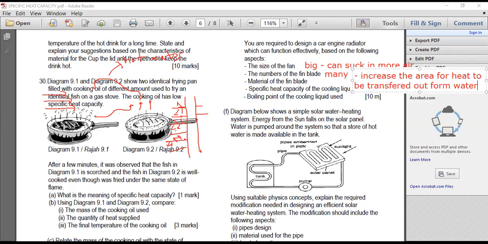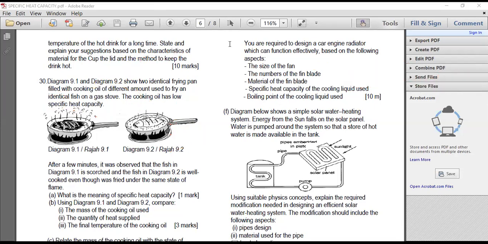Okay, so the material of the fin blade, you can name the material as copper.